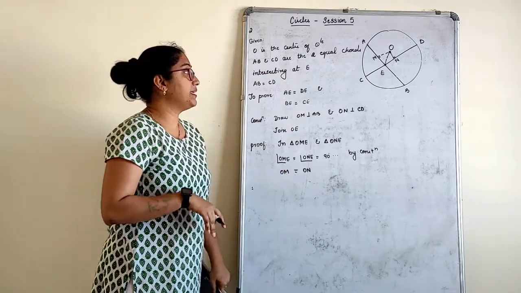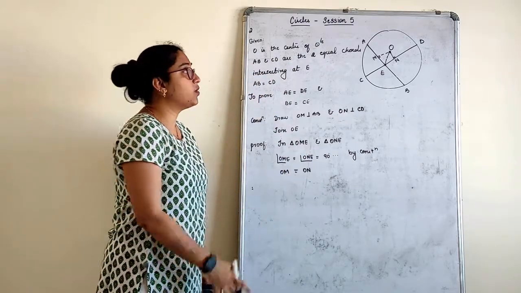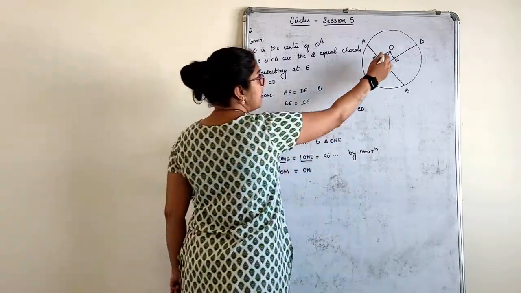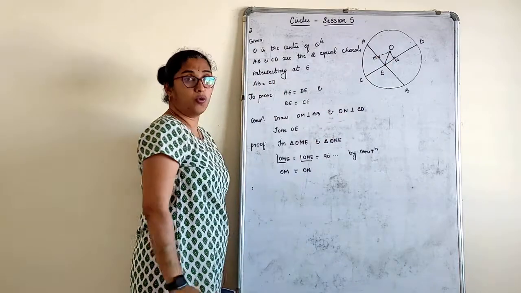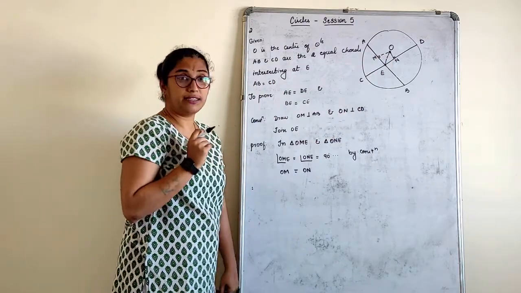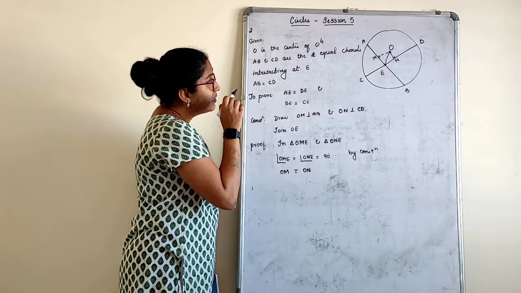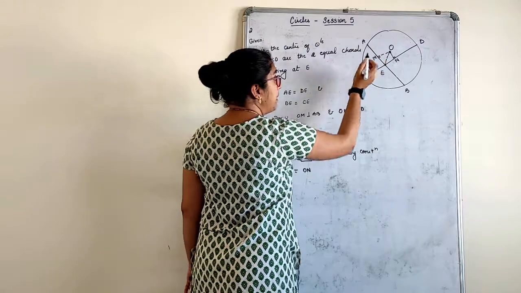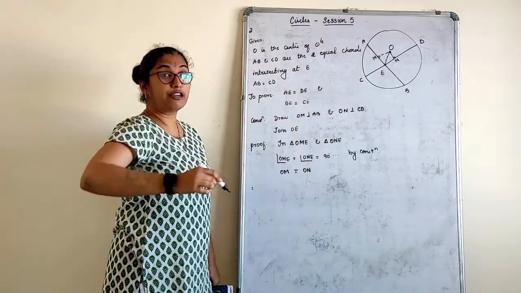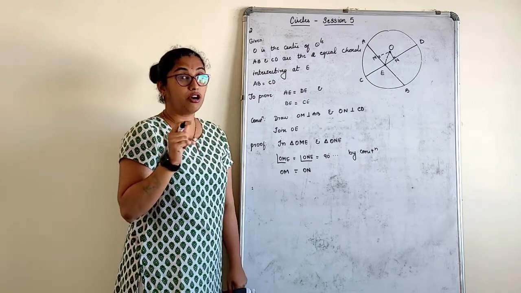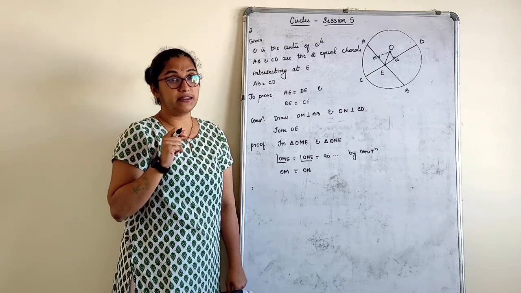Now, can you tell me why OM is equal to ON? They have not given us that anywhere here, but I am telling you OM is equal to ON. That's because chords AB is equal to CD and O is the center. So if I have drawn perpendiculars from the center to the chords, equal chords are equidistant from the center.